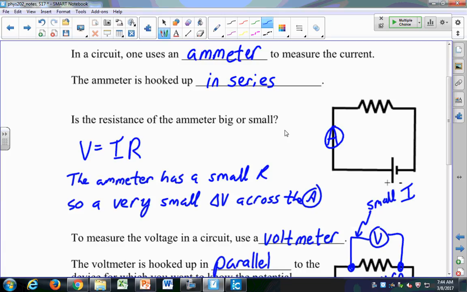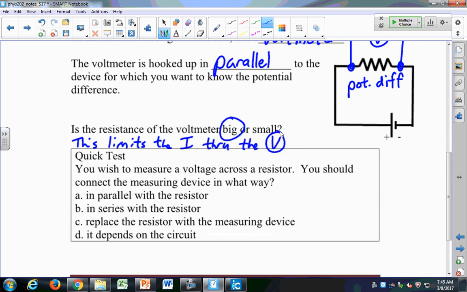You can probably imagine that if I have current flowing through the circuit, whatever charge goes through here is also going to go through here. So it could have a big current, could have a small current, but it will always have a small voltage because the resistance is so small. This is basically a wire. You're basically just putting a wire inside of this circuit, which has practically zero resistance.